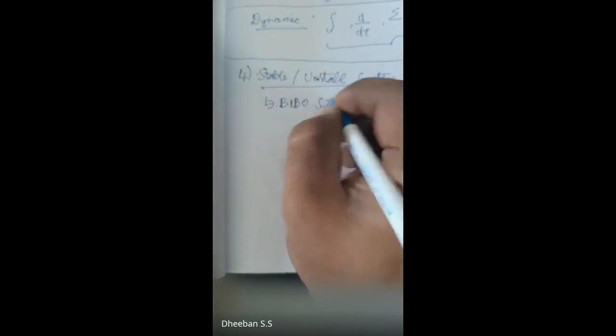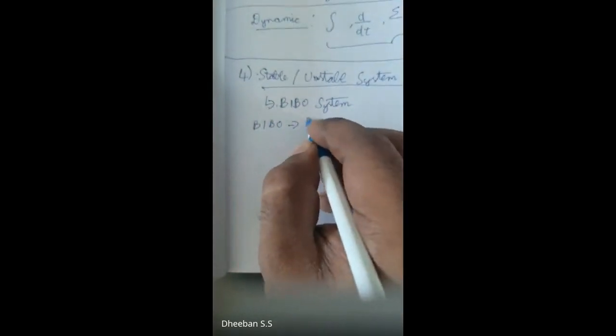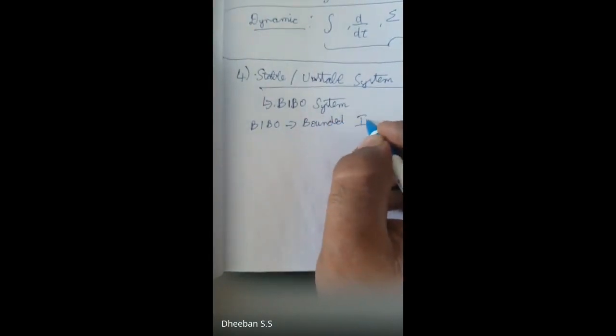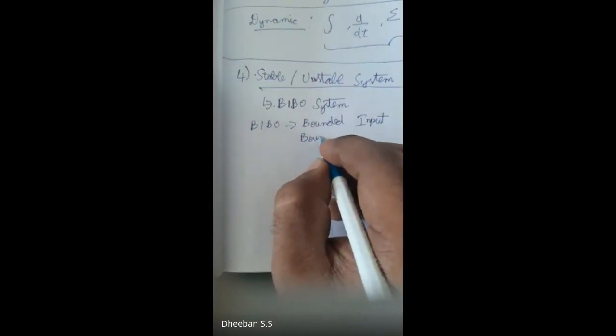The expression for BIBO is bounded input followed by bounded output. Okay.